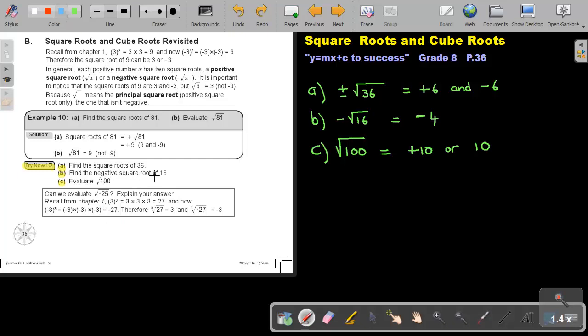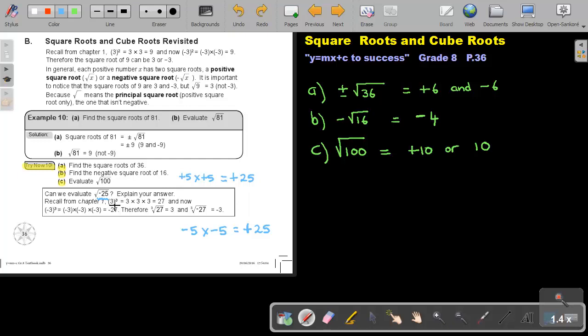So if you look here, if you say positive 5 times positive 5, remember the reverse of square root is square. That will give me positive 25. And if I have negative 5 times negative 5, that will give me also positive 25. So there's no way of coming to an answer of a negative. And that is why it's not a real number. It's a non-real number, which we will come to later.